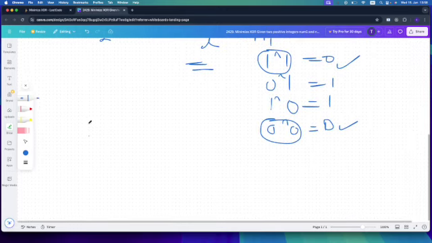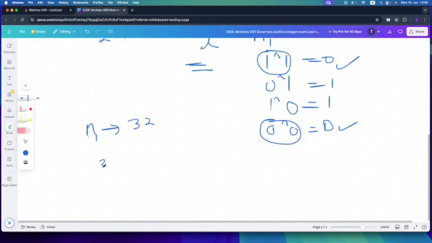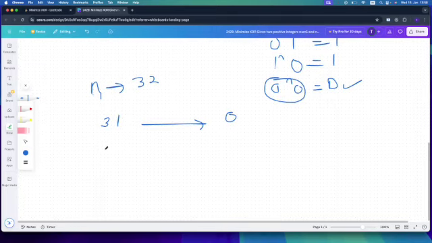If number 1 is a 32-bit number, I start iterating from the 31st bit to the 0th bit, from left to right, because the most significant bit is on the left side and the least significant bit is on the right side.